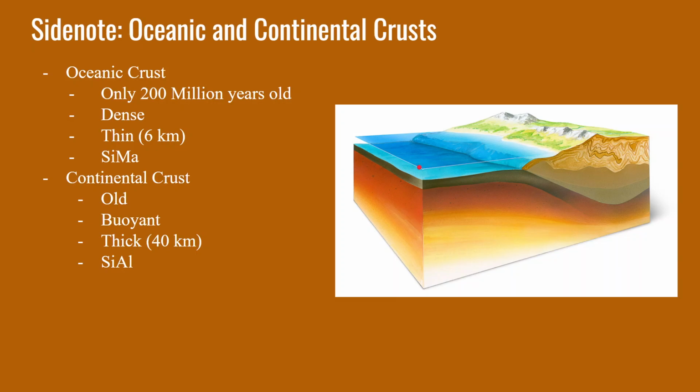We should also note now the differences between oceanic and continental crust. So oceanic crust, as we know, subducts beneath continental crust. It's forced underneath. This is because it is denser than the continental crust, because its chemical composition is different.